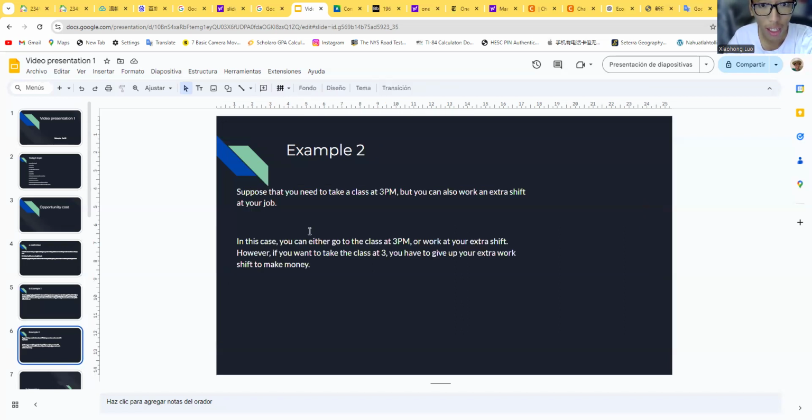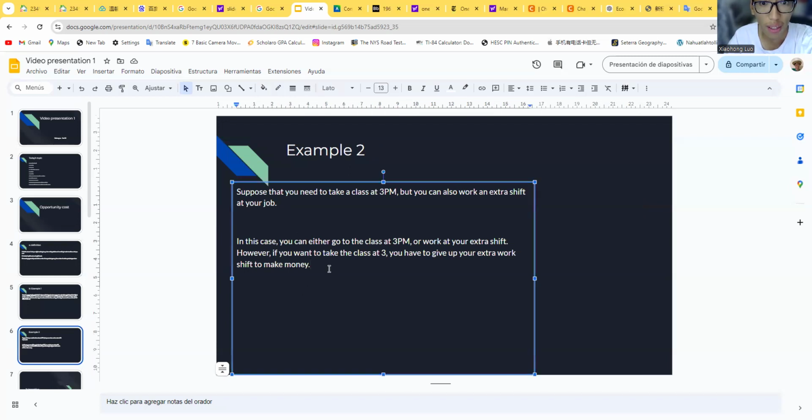Here's another example. Suppose you need to take classes at 3 p.m., but you can also work an extra shift at your job. In this case, you have to make a decision. You have to either go to the classes at 3 p.m. or work your extra shift for extra money.